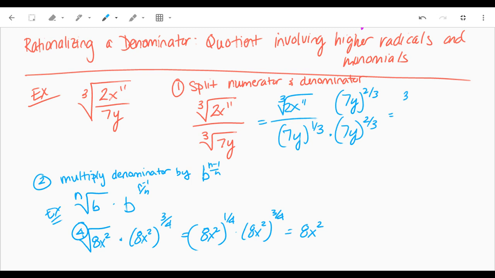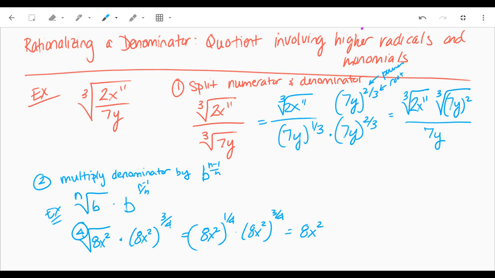So that'd be the cube root of 2x to the 11th, and then the cube root of 7y squared. Remember, this is the power, and this is the root. Now 7y to the 1/3 times 7y to the 2/3 is just 7y. So we have simplified the denominator, not so much the numerator yet.